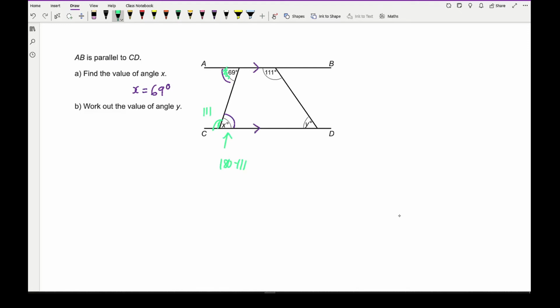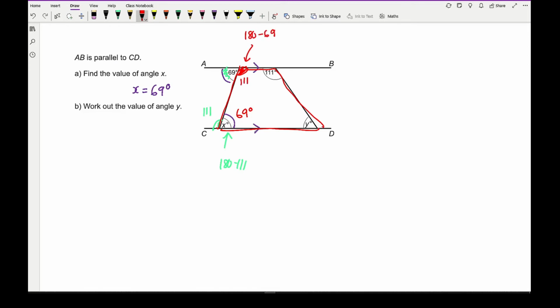Now the next question says to work out angle Y. This is the problem now, because these two lines here are not parallel, so angles X and Y are not supplementary. So let's get rid of those two arrows because it's not the case. For this, I need to recognize that I've got a four-sided shape, a quadrilateral. Angles inside a quadrilateral all add up to 360. So this angle here is 69. To work out this red angle, it's on a straight line, so I need to do 180 minus 69, which gives me 111.